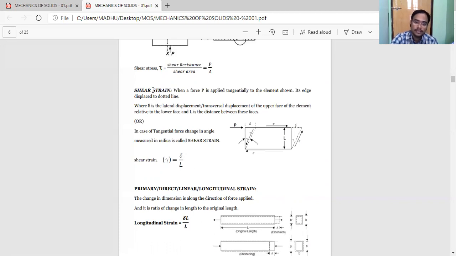And shear strain is because of the shear forces, and this longitudinal strain is because of normal stresses, normal force.